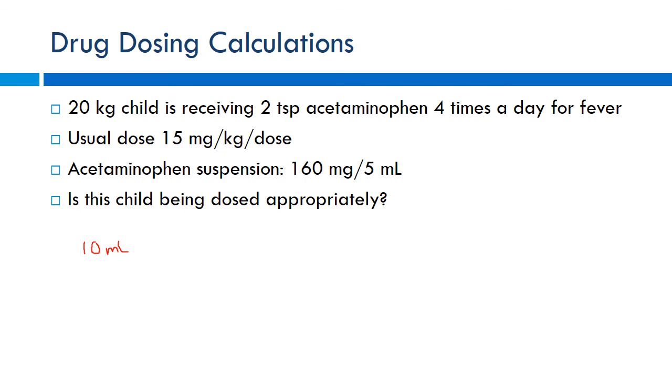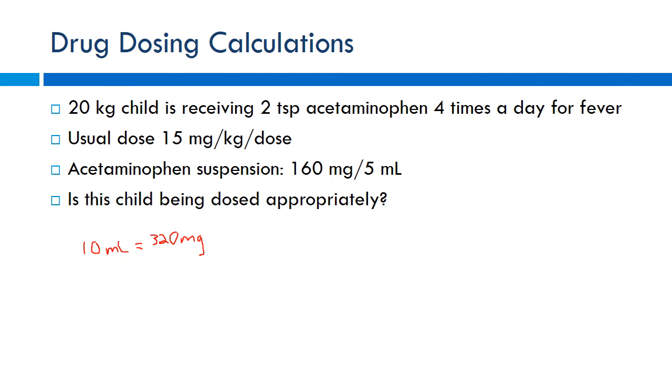So you could divide that out and say it's a 32 milligram per ml suspension. You could just double this, though, because we know the kid's getting 10 mLs. So you can say it's 320 milligrams of acetaminophen per that dose. This is a total of 320 milligrams. So now the question is, is that too much for this kid, or is it enough?